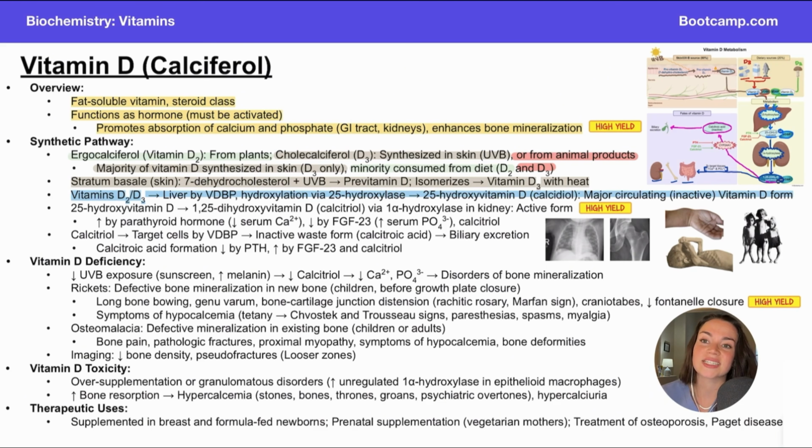That formed our calcidiol, or 25-hydroxy vitamin D, which was our major inactive form of vitamin D. To get to the active form, we had to do another hydroxylation with another enzyme. That enzyme was 1-alpha-hydroxylase, and that formed our calcitriol, or our 1,25-dihydroxy vitamin D. And that was our active form.